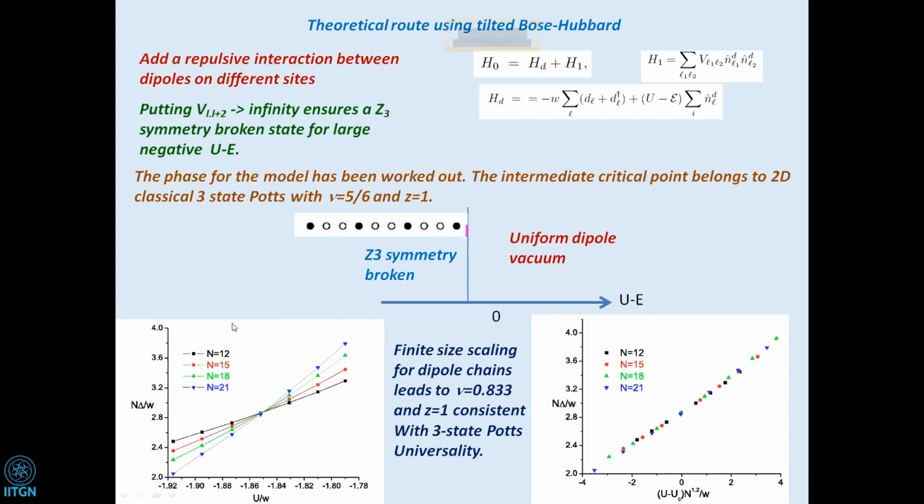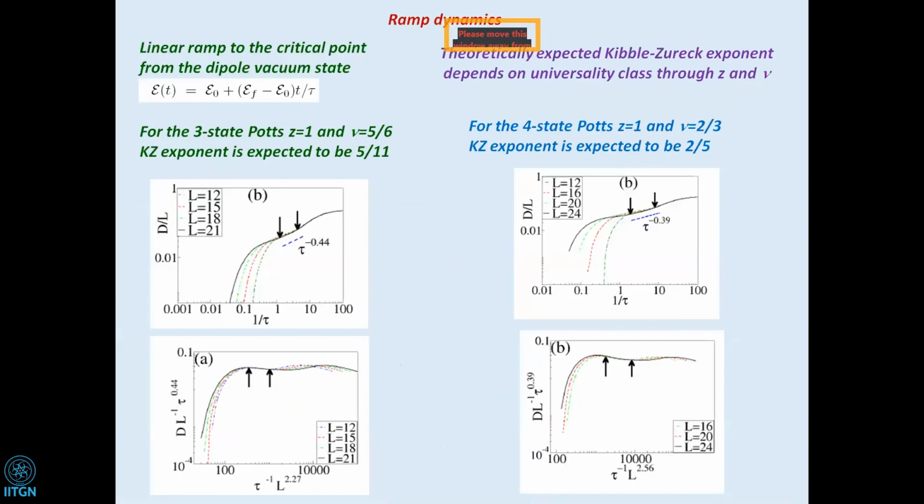Okay. And we looked into this some time back, and we found that there is also a critical point separating the dipole vacuum and this symmetry broken state, and that belongs to the three-state Potts universality class. So these are also things which have been realized in optical lattices. Okay, and one can similarly do dynamics with this kind of stuff, and there is an expectation in terms of the excitation density once again for this Weyl thing, which I'm not going to get into the details of, but there are some definite predictions.